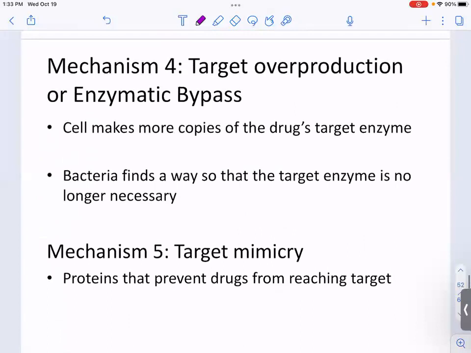And a couple more, sometimes, and I don't have a really good example of this. I think your book gives a little bit more examples, but target overproduction or enzymatic bypass. So if you've got an antibiotic, say, that targets RNA polymerase, for example, maybe the cell just needs to make many copies of RNA polymerase so the drug can't bind to all of them.